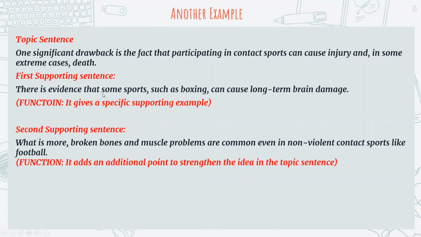There is evidence that some sports, such as boxing, can cause long-term brain damage. This sentence supports the topic sentence. Now I'm not talking about the advantages. Now I'm talking about the disadvantages. Okay, and this sentence supports the topic sentence by giving an example.